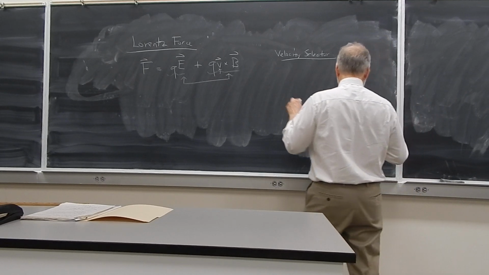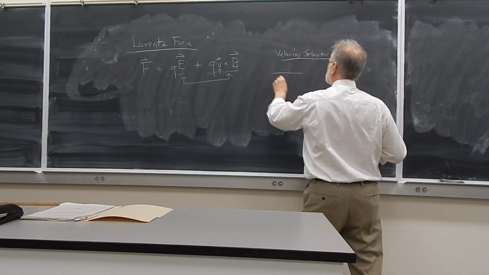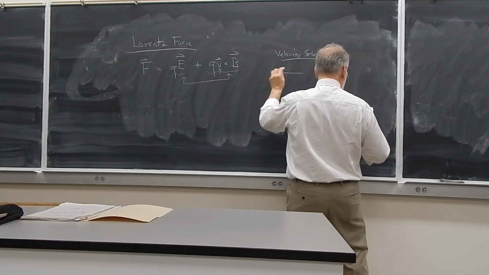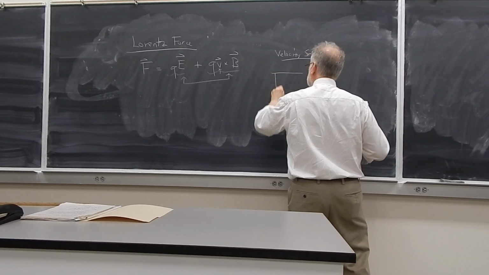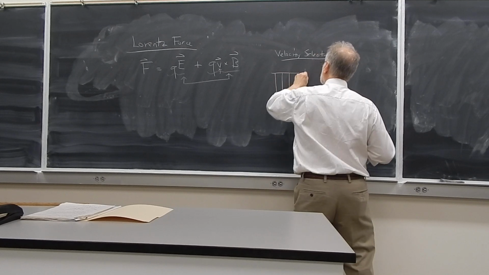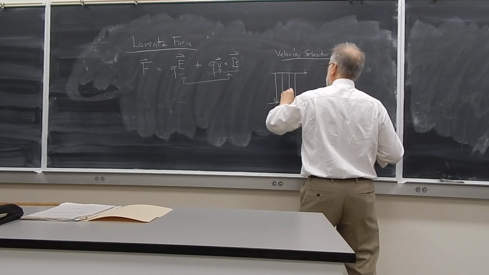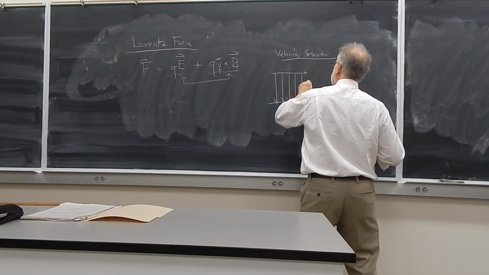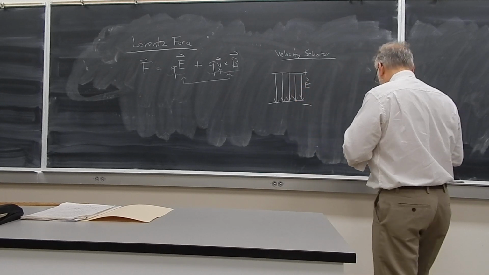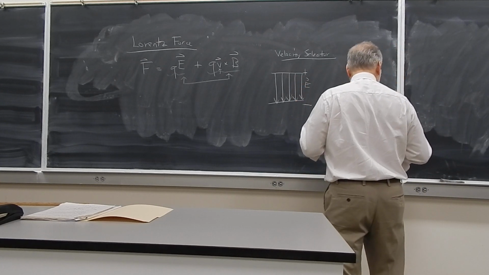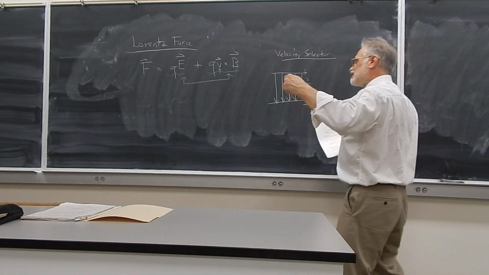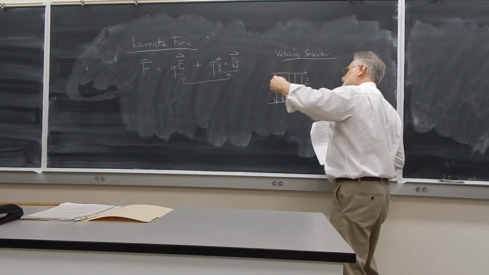So what you might do is take a pair of charged plates that would create an electric field. So maybe you've got plus and minus. Now I've got an electric field that points vertically downward. Then you apply a magnetic field perpendicular to the direction of the board.